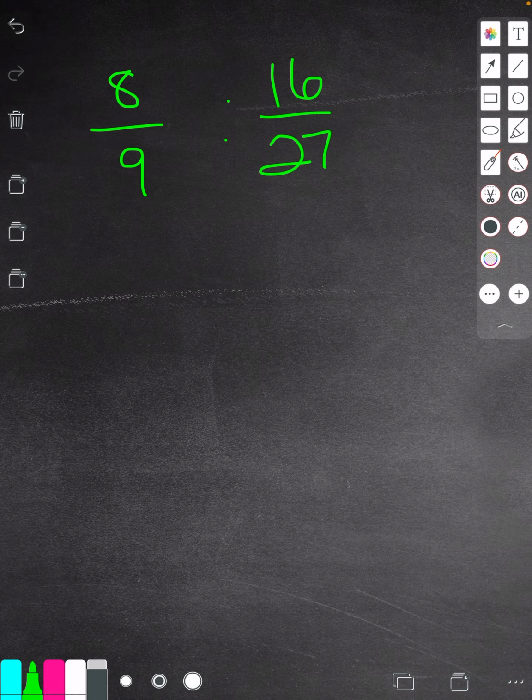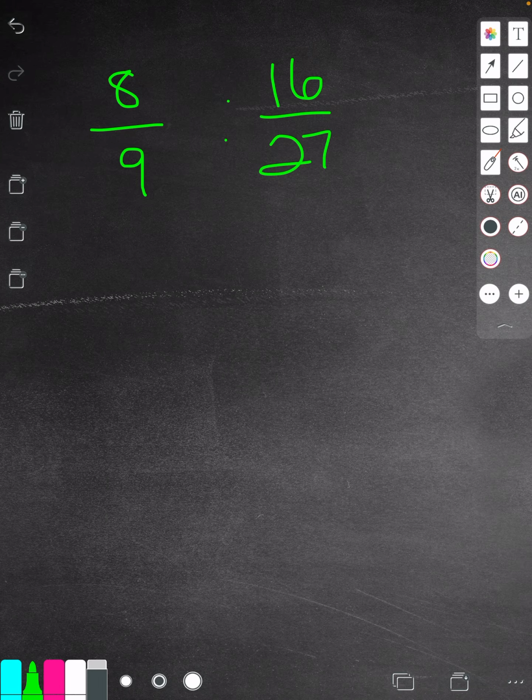Okay, so now what do we typically do with fractions that don't have the same denominator? Well, we try to find the same denominator. Remember, our goal here is to get to whole numbers, and in order to get to whole numbers, they can't be fractions. We need to get rid of our denominators. So, in order to get rid of our denominator, we have to have the same exact denominator.